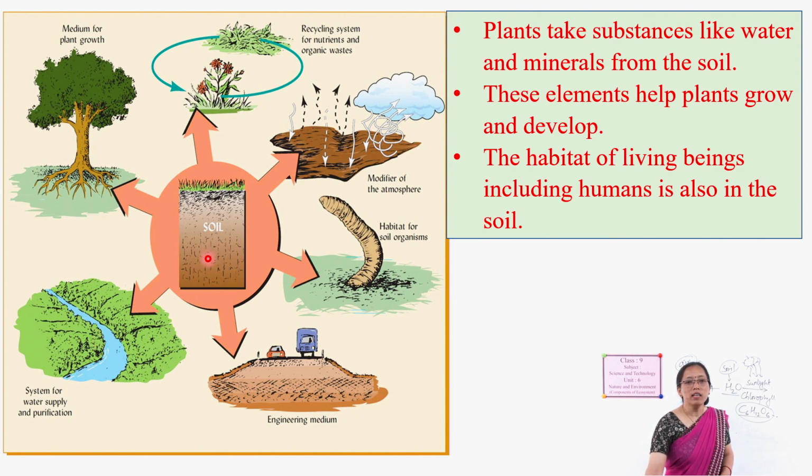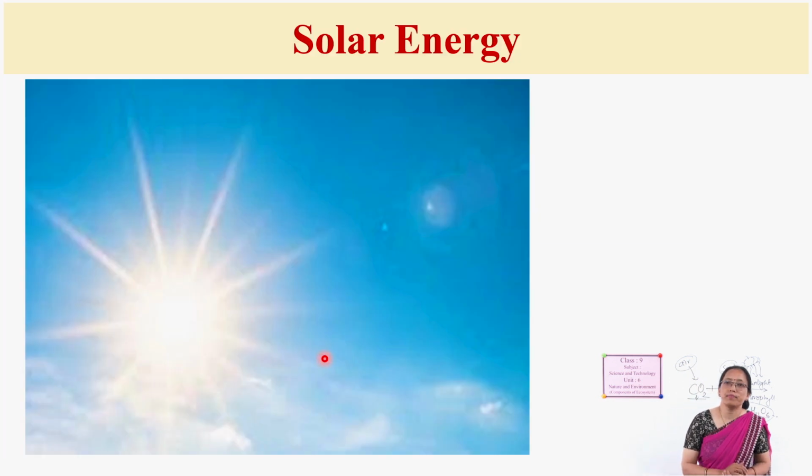Nutrients for plants also come from soil. Some microorganisms are also growing in the soil. The water cycle and atmospheric cycles are also helped by it. Different organisms also make their houses and shelters in the soil.